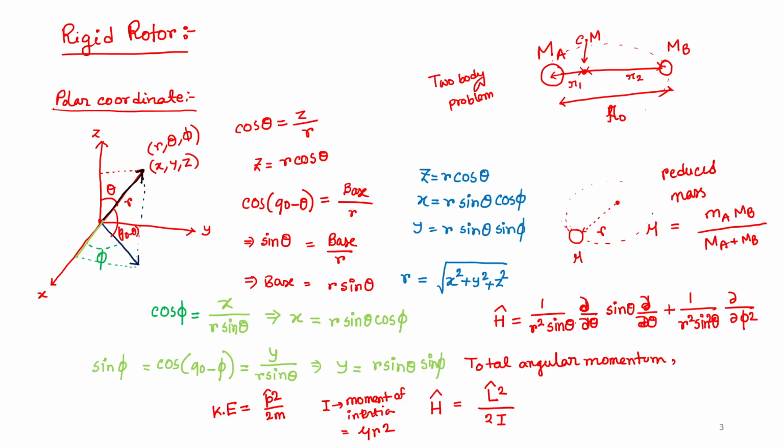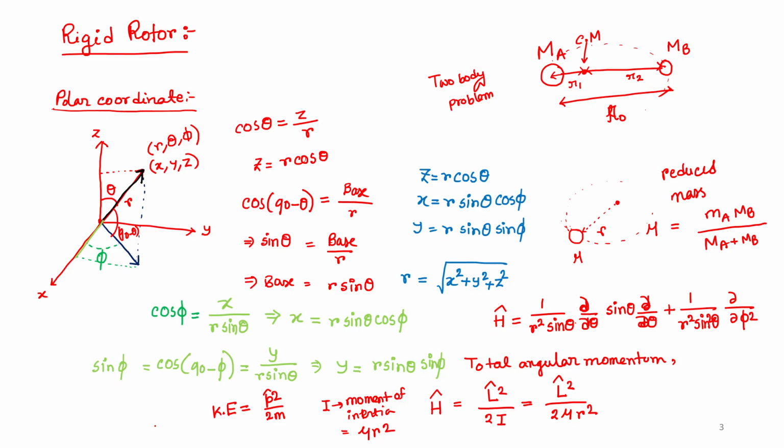So L square by 2I, and if I write it, it is L square by 2 mu r square, right? And I think I have missed one part.